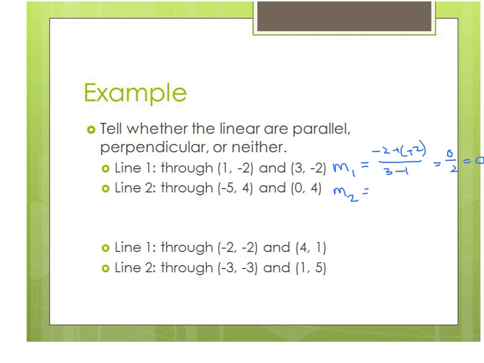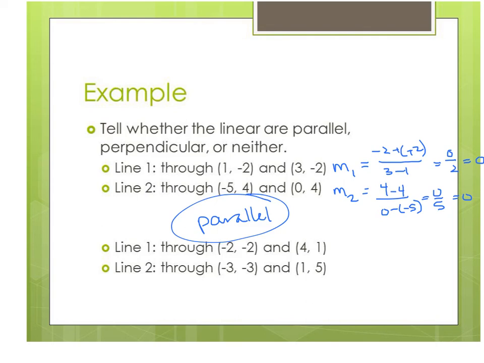And on the bottom, 4 minus 4 over 0 minus a -5 is going to be 0 over 5, which is 0. If they both have slope of 0, we're going to surely hope they're parallel, right? Any two horizontal lines would be parallel.